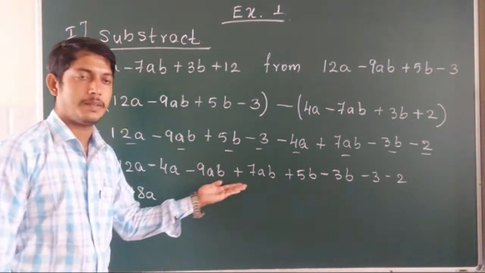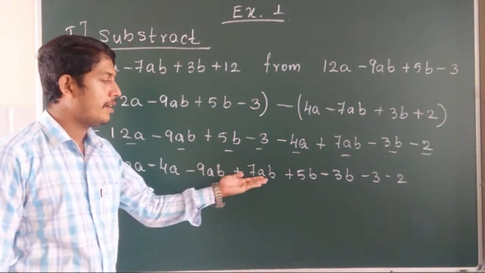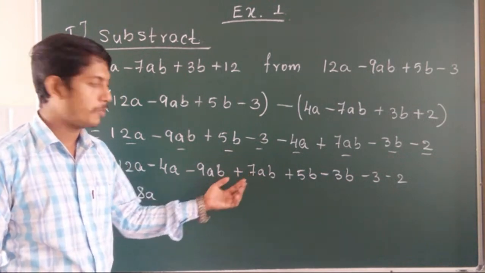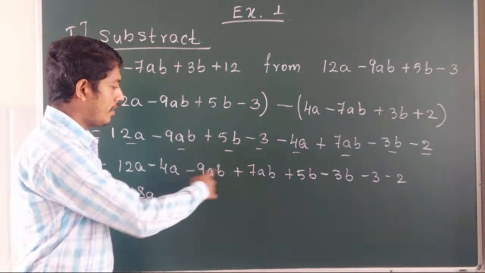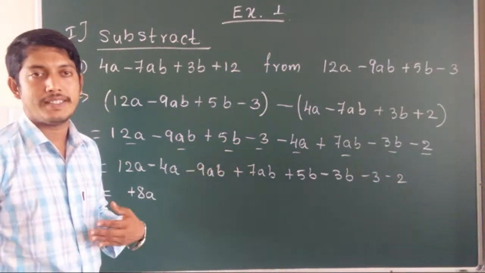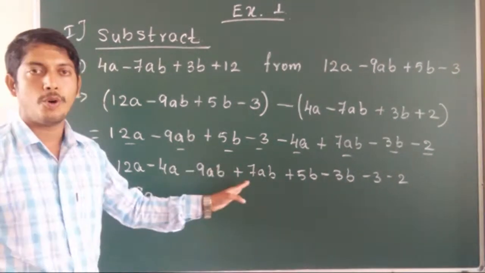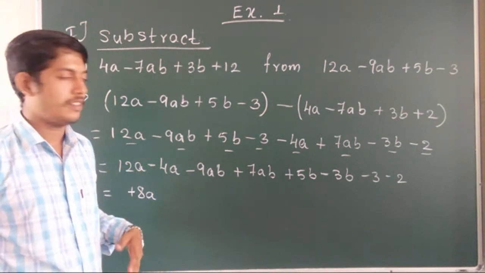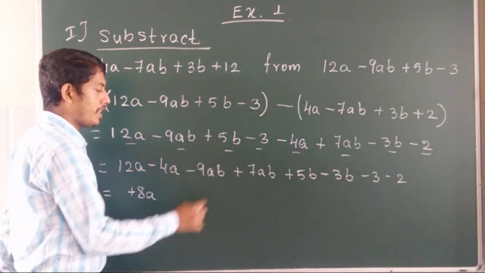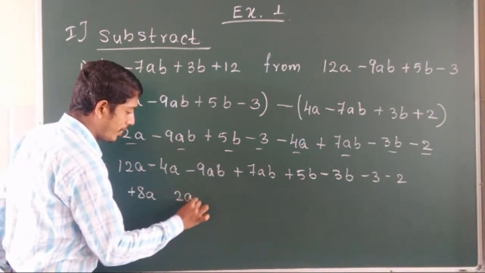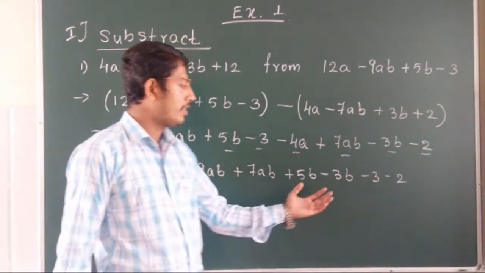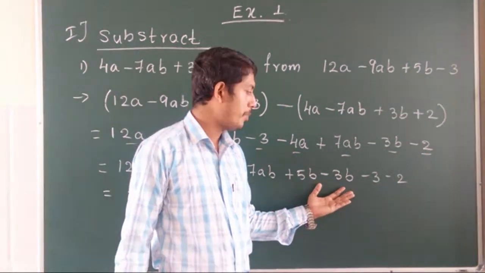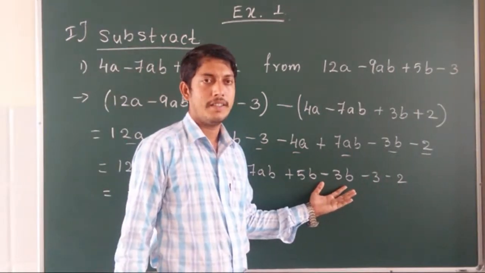These two are like terms, that is minus 9ab and plus 7ab, because the variable part is ab. They have different signs, one negative, one positive, that's why we have to subtract. So 9 minus 7 becomes 2ab, and the sign of the highest term is minus. Then I will consider the next two terms, 5b and minus 3b.